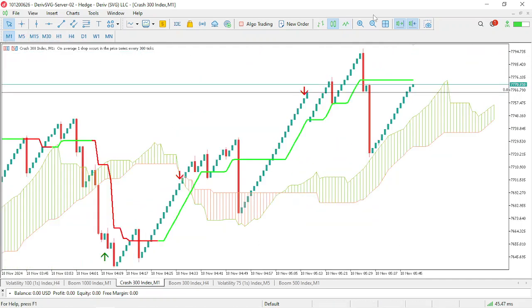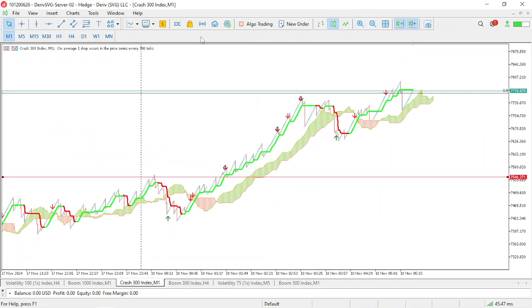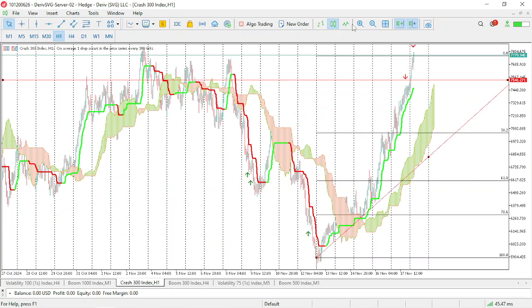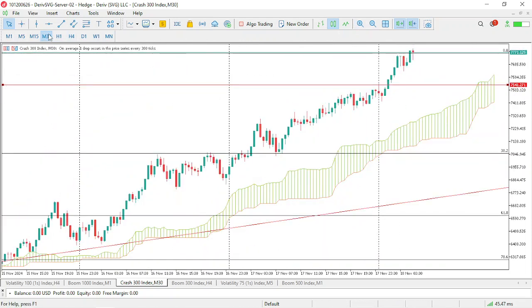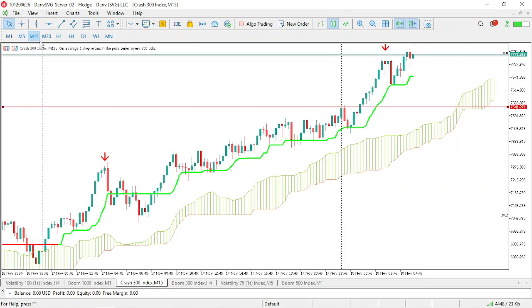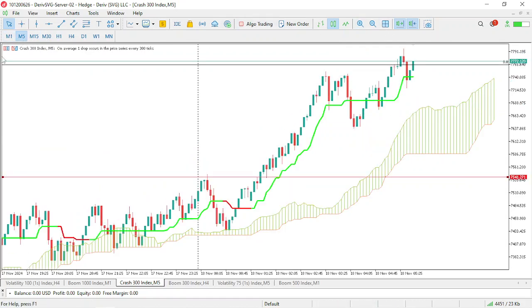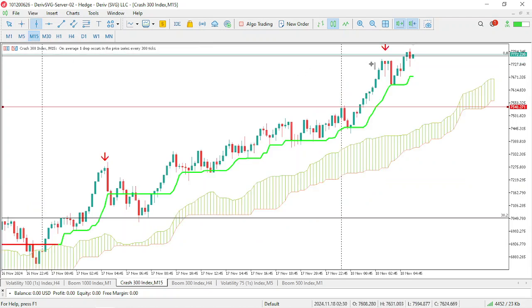So, for example, Crash 300 overall, I would look for a sell on this pair. Maybe not right now since I've kind of missed it. Actually, let's say, on the basis of just seeing this, there are two small candles here, and this is pushing up.